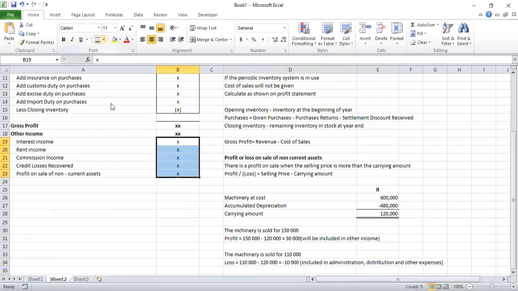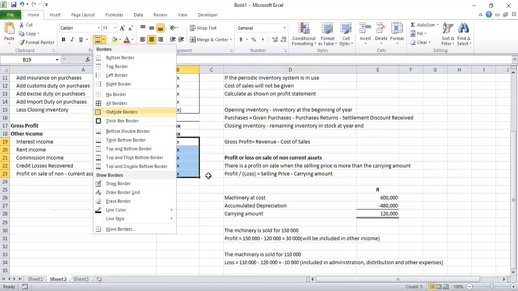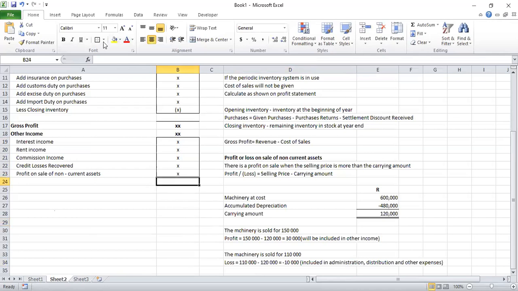Any questions there? Right. After adding other income, then we get our total income.